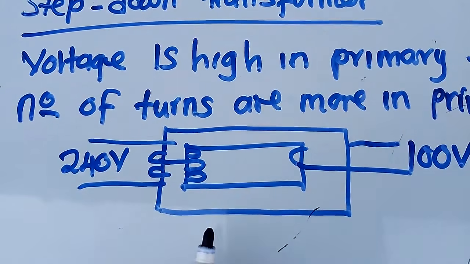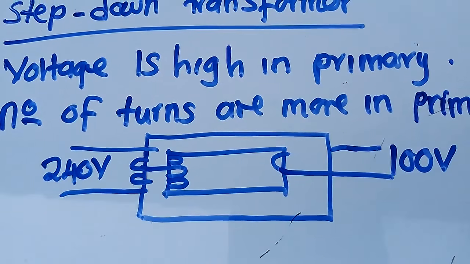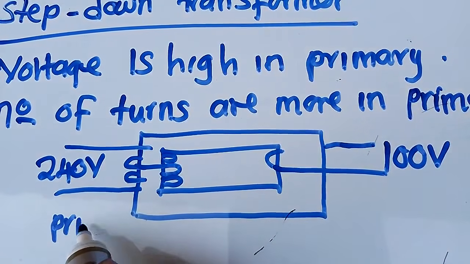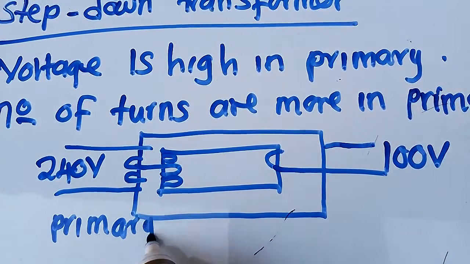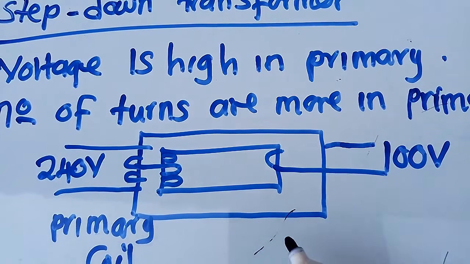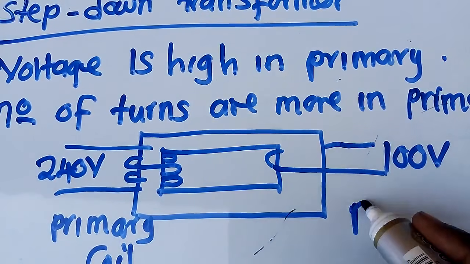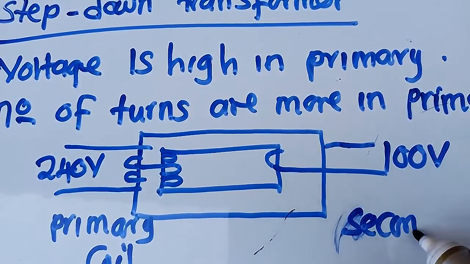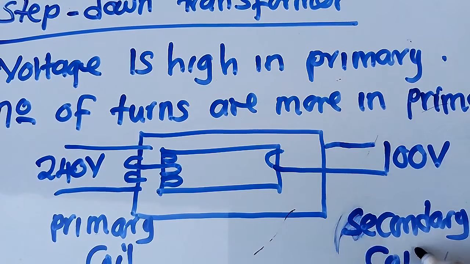As you can see, even the number of turns are few on this side. This is the primary coil, and this is the secondary coil. We need to know these two parts.